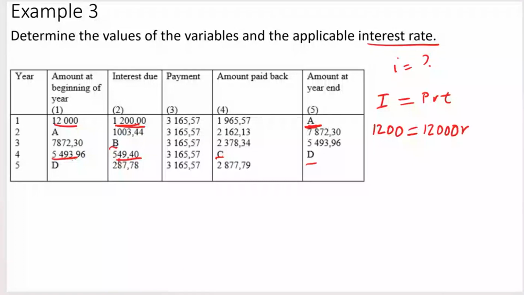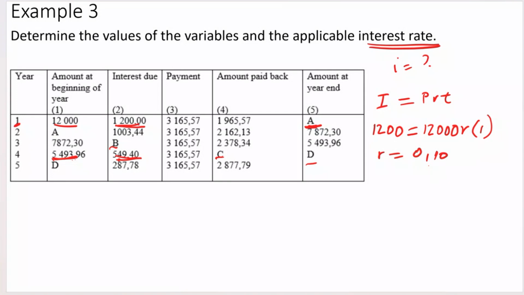Your T is yearly, so your T is equal to 1. So your R is just equal to 0.10. If you don't believe your calculation, you can also test it using the same formula, and you will get 10%. So your interest rate is equal to 10%.